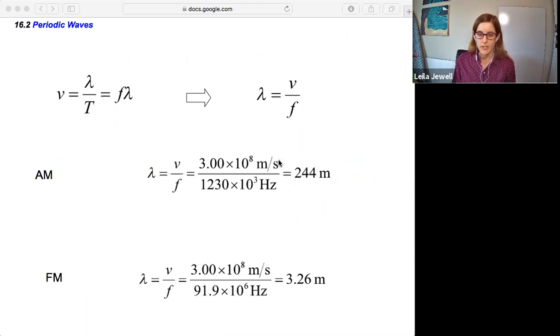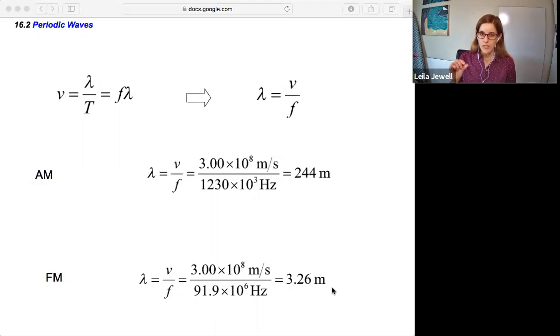For the AM, we have the 3 times 10 to the 8 meters per second divided by its frequency. The FM, the only thing that changes is the frequency. Both radio waves travel at the same speed. And as a result, the wavelength is different. For the AM, it's 244 meters, versus for the FM, the distance between the crests, or the wavelength, is 3.26 meters. It's a much smaller wavelength.